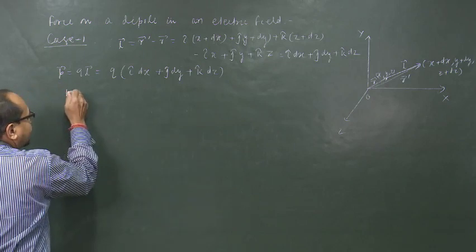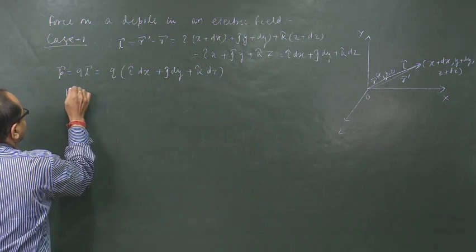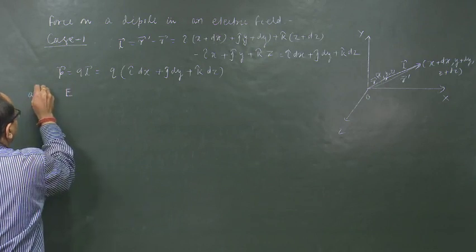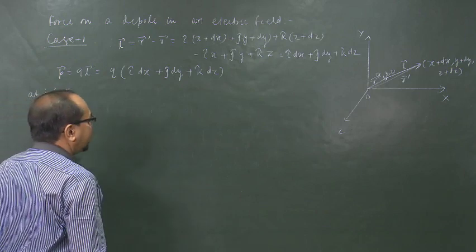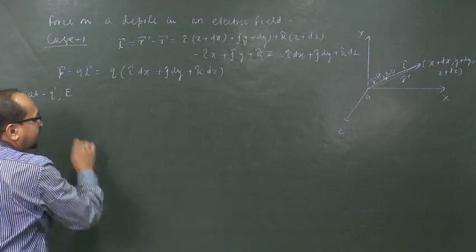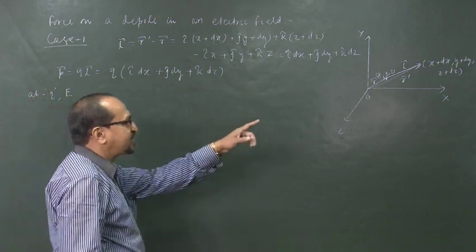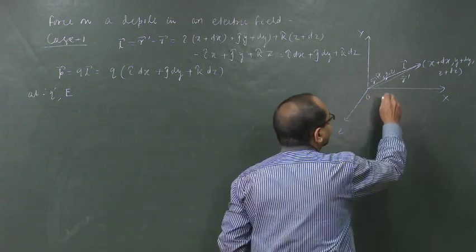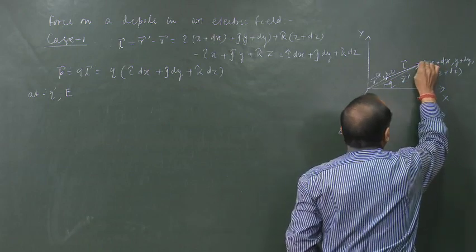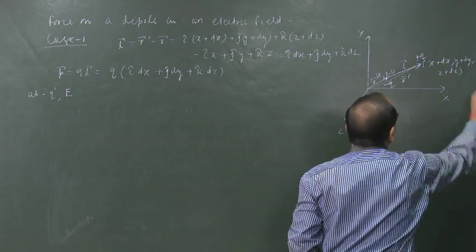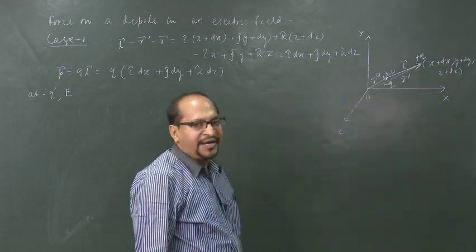The field at the location of the charge, say, minus q. Minus q is located here at position vector r, and plus q is located at vector r dash.